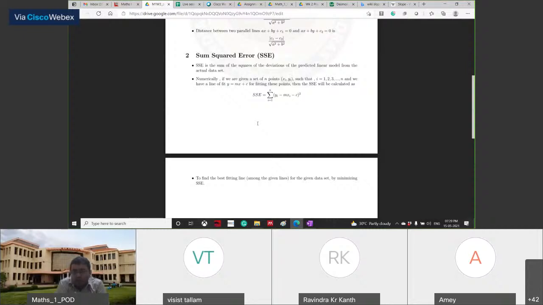So basically, the formula is this one. You can see the SSE is equal to the sum of i from 1 to n of yi minus mx minus c.